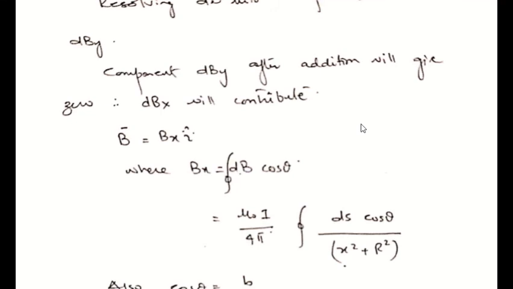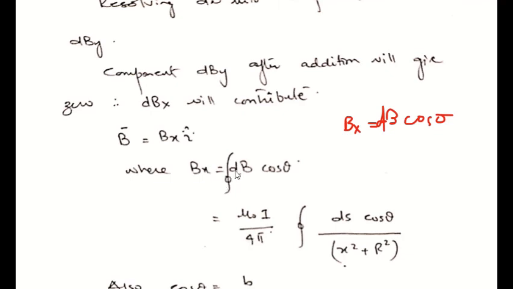If I sum up all the elements, they will give 0, so the contributing factor is Bx. So B is equal to Bx unit vector i, and again I can write this Bx as dB cos of theta. As we are considering small elements right now, I will use dB over here.